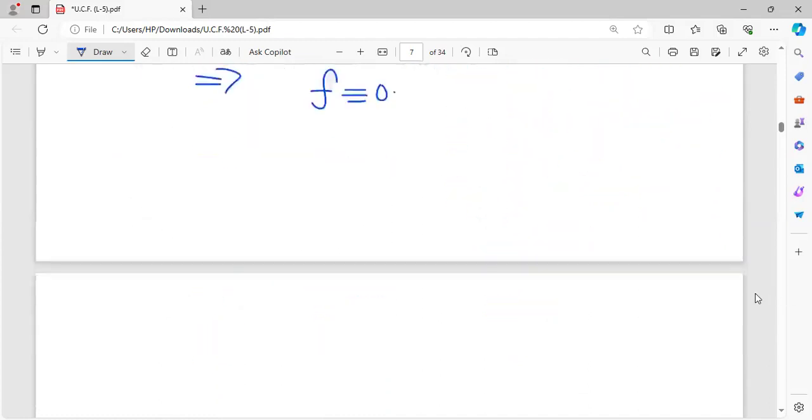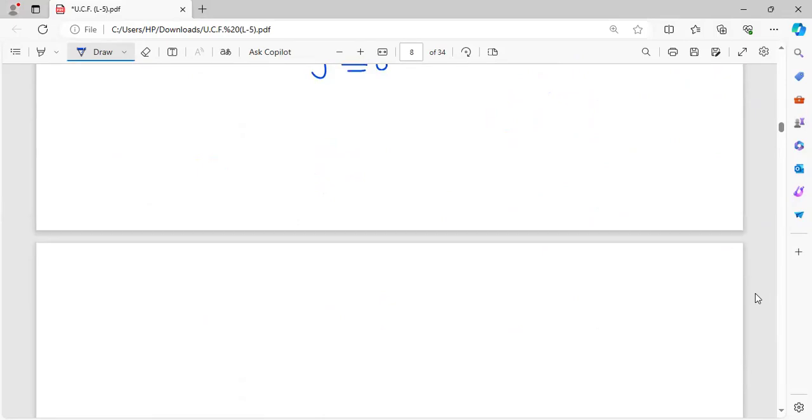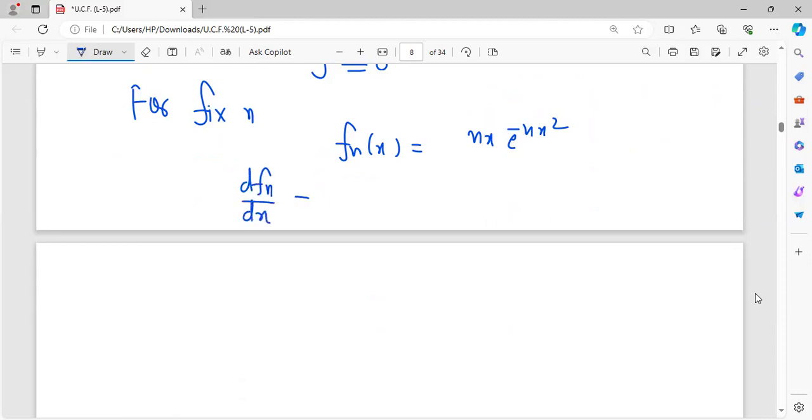Now we have to calculate the supremum for Mn. Fn x is nx upon e to the power nx square. What is the supremum? So the max point will be calculated. We have to find dFn upon dx, which is equal to n e to the power minus nx square minus 2nx, okay.